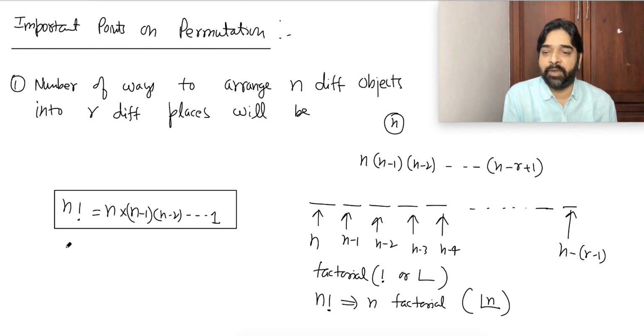If you notice carefully, in n factorial, if you leave out n, what remains is n minus 1 factorial.